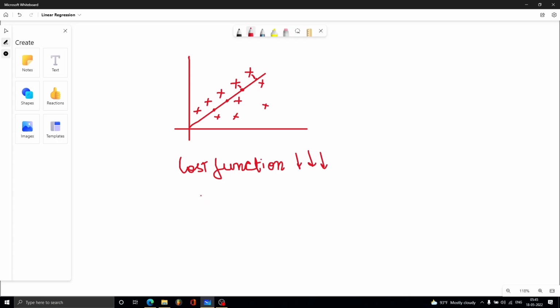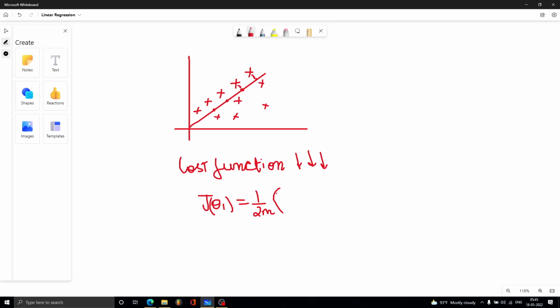The cost function is denoted by j theta 1, equal to 1 by 2m. Don't confuse this m with the slope. I'll tell you what m is and why we are using 1 by 2m.